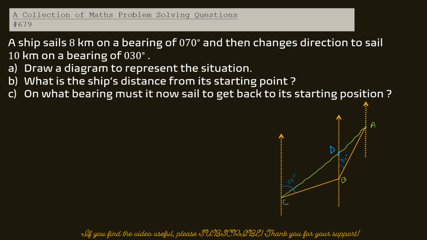So you see these north lines are all parallel to one another. So if I call them EF and GH and IJ, they're all parallel.